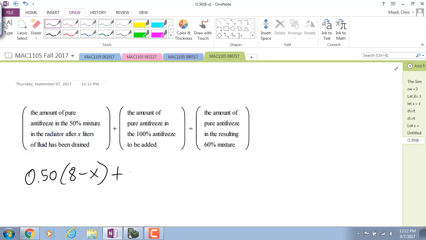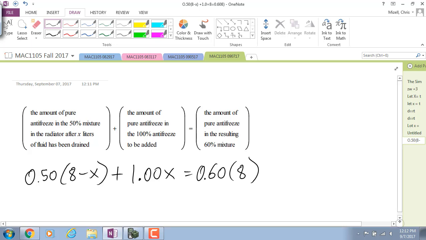We're going to add X liters of pure antifreeze, so 100% of X is what goes in. Then we'll have 8 liters of fluid in there, and we want that 8 liters to be 60% antifreeze. So we want 60% of that 8 to represent the amount of antifreeze once we're done. We might actually be able to solve this equation in 2 minutes. Let's see if we can.